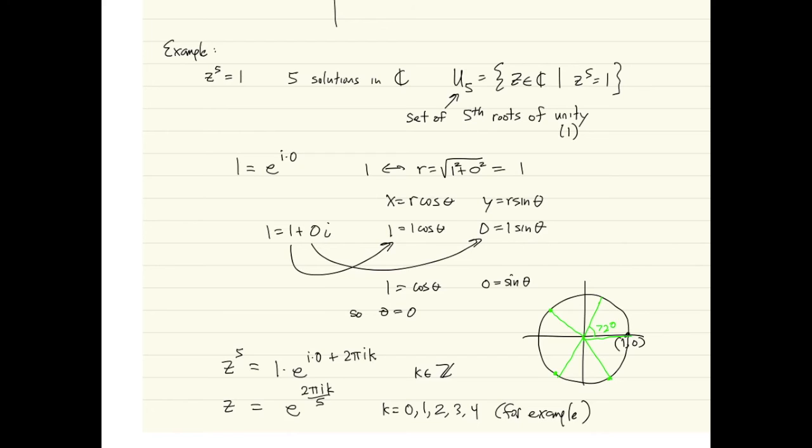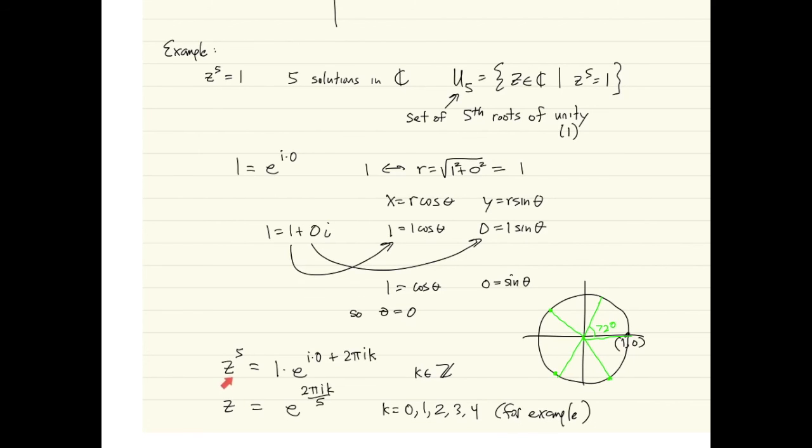And once again, we start off by writing this number 1 in this polar form r e to the i theta. Here it's pretty clear that r is equal to 1, the norm of 1 is 1, and theta is just 0. Here I've done the detailed work. Once we get to this spot that 1 is equal to e to the i times 0, remember that we can add in any multiple of 2 pi k, and we'll get the same argument or angle.